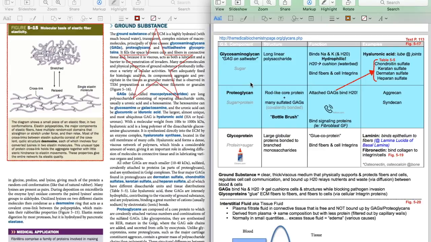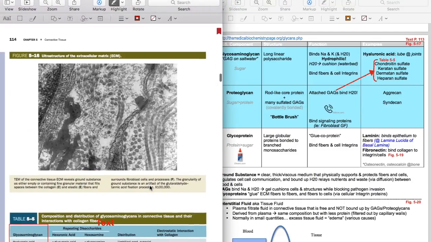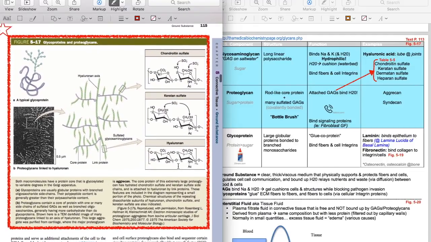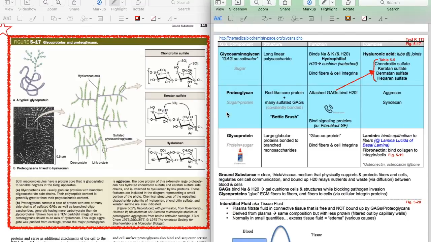Now, proteoglycans are made of GAGs and a protein. Okay, so what we have is a core protein. I'm going to go to the table here so we can see this while we're talking about it. This is a nice illustration to basically lay out everything that's in here. Okay, so hyaluronic acid on this table is this huge, long polysaccharide sugar chain.